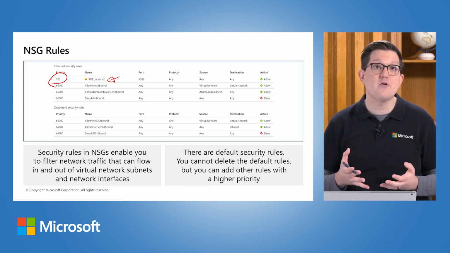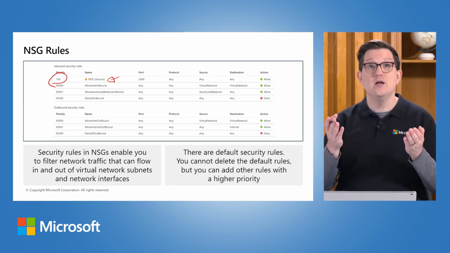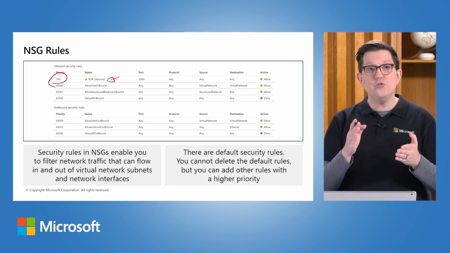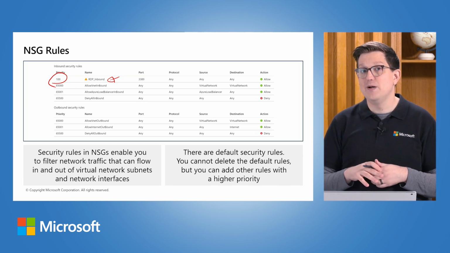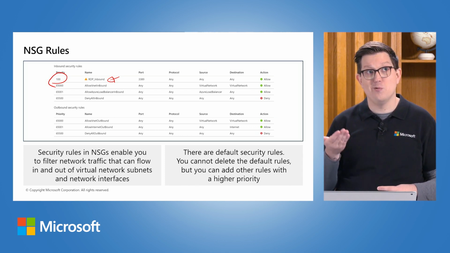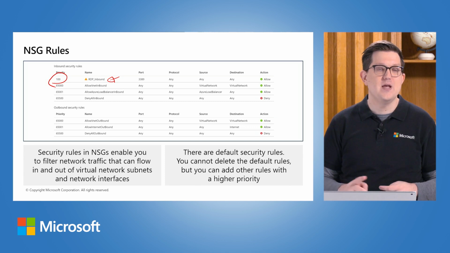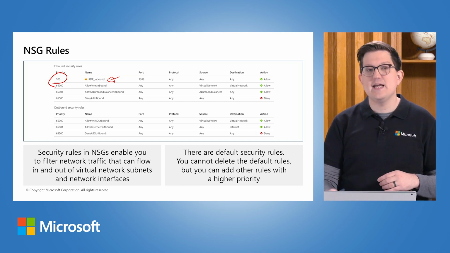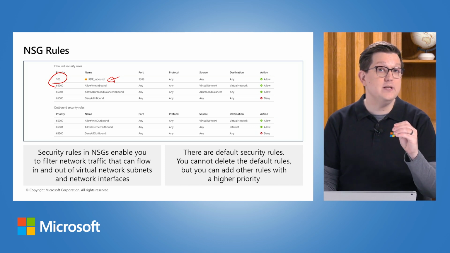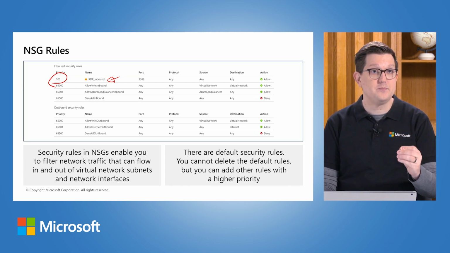Simply add a higher priority rule that contradicts it, and yours will take precedence. So rules can get pretty complex pretty quickly. You've got a lot of different potential numbers to work with and quite a long priority list. So this is where I get into why we recommend putting our network security groups only at the subnet level.